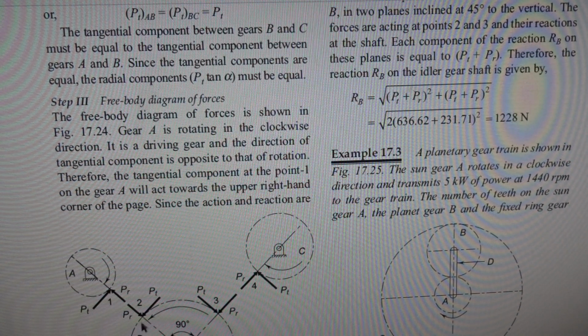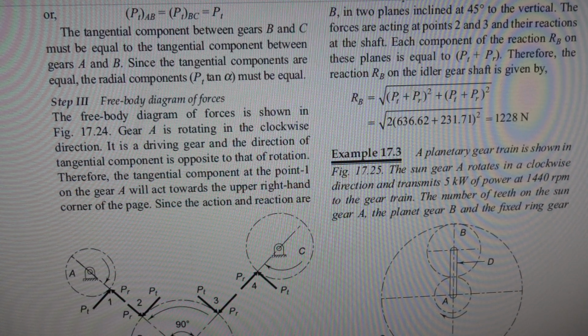Here this is the driven gear, so this rotates in this direction. PT is applied in this direction, PR in this direction, and PT and PR at the driven gear in these directions. Now this becomes the driving gear for this one, so this rotates in this direction. PT is applied in this direction, PR in this direction. Total, you have to find the reactions at the idler gear.